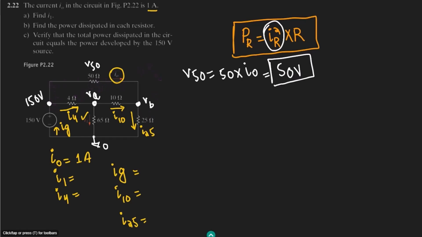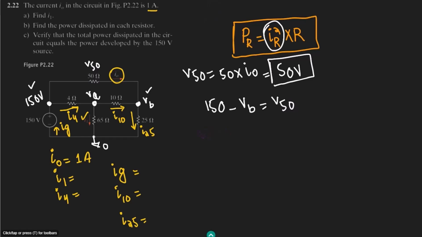From here, this is the first voltage and this is the second voltage, so 150 minus VB is equal to V50.